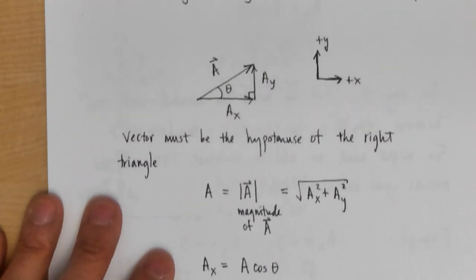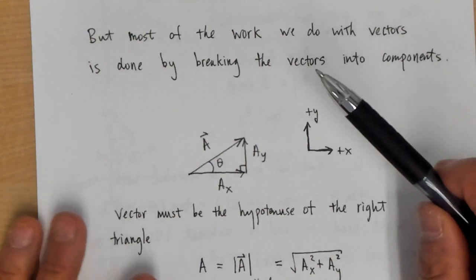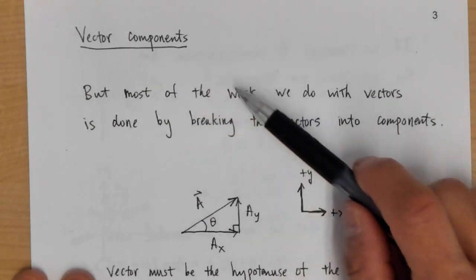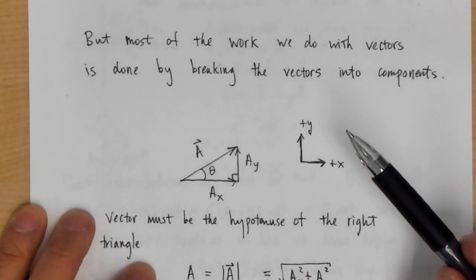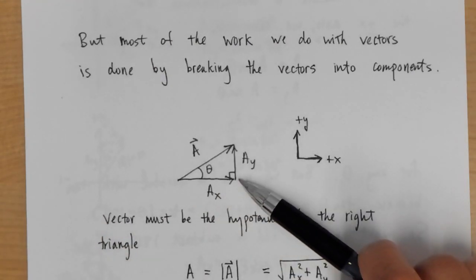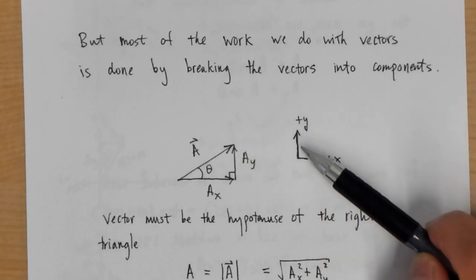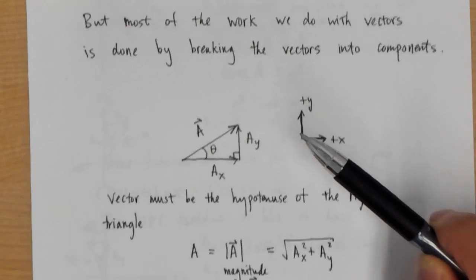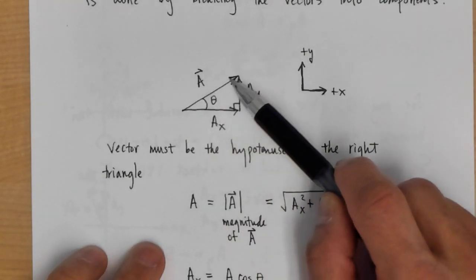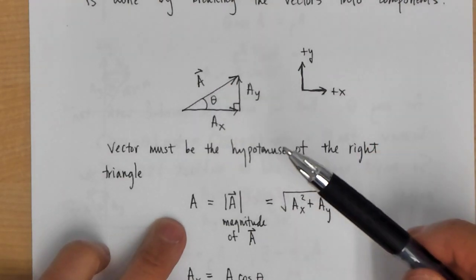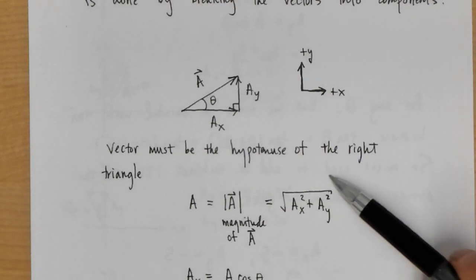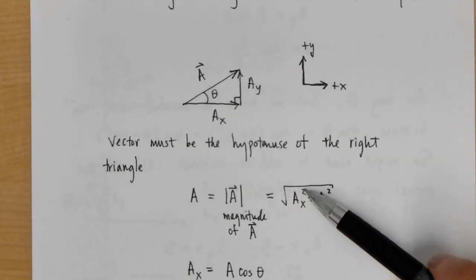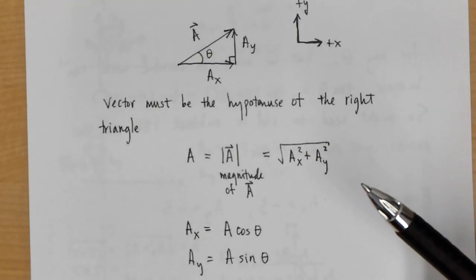Okay. Now, vector components. Most of the work we do with vectors is done by breaking vectors into components. So we have the vector components Ax, Ay, that's the x component, the y component. And the length of the vector, the magnitude of the vector, is this hypotenuse, which is the square root of the sum of the squares, A squared equals Ax squared plus Ay squared.